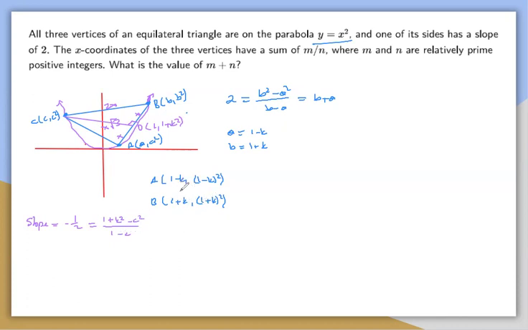So this is something we are probably going to use. And what else do we have? We know that this height is somehow related to the side of the triangle. Maybe we can use that as well. But in order to do so, we need to find AB as well. So the AB distance, I'm going to say AB squared, is equal to, using the distance formula between these two variables, this minus this: 1 plus k minus this, the ones will cancel, and you get k minus negative k, which is 2k.